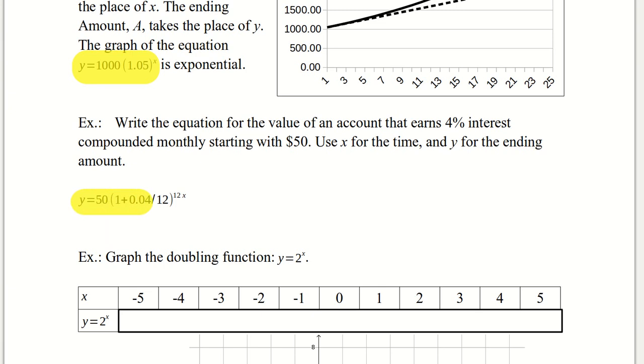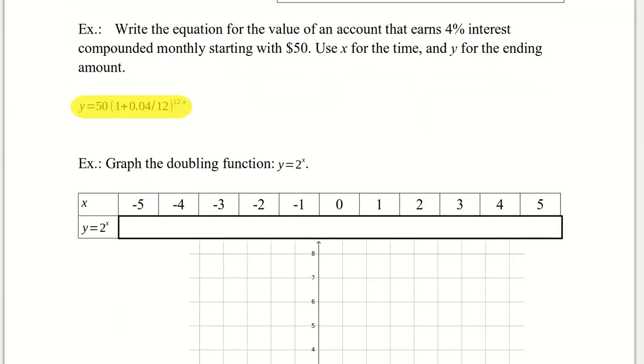The formula says 1 plus the rate is 4%, so 0.04, over n, this is monthly, so n is 12, and then raised to the nt power, but we're letting x stand in for time. So we've been able to write an equation for that exact scenario, and we've been able to write it in terms of x and y so that a graph of it will make sense.